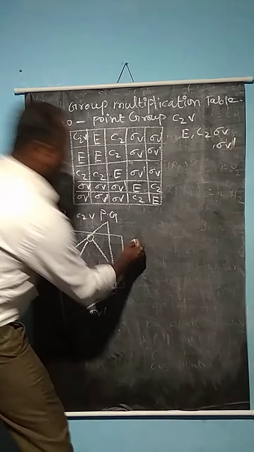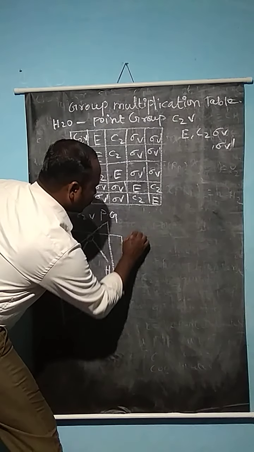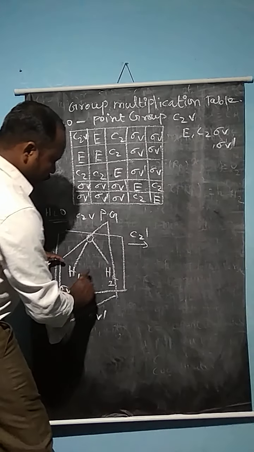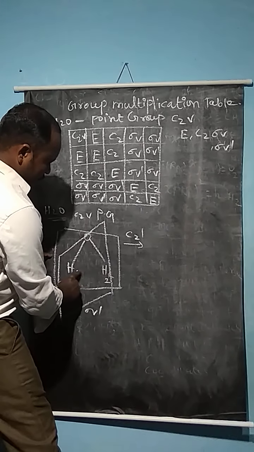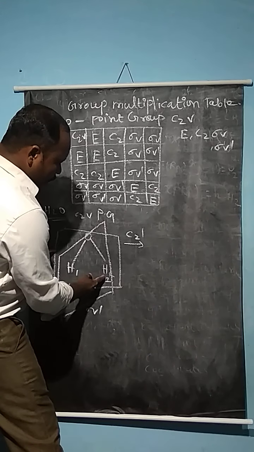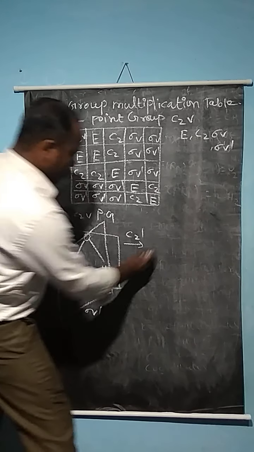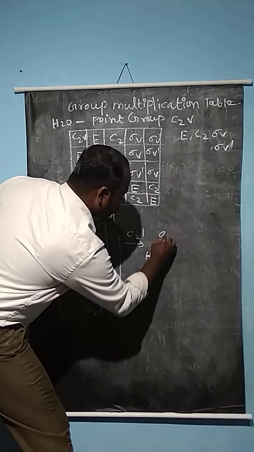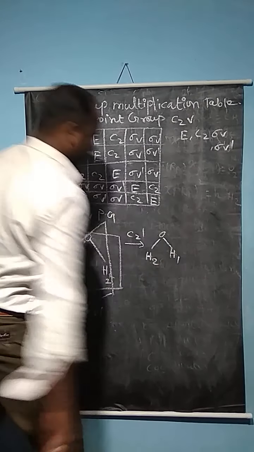If you perform the operation of C2, that is rotating one time, hydrogen 1 is replaced by the second hydrogen atom around the oxygen. Here hydrogen 1 becomes 2, and hydrogen 2 becomes 1.